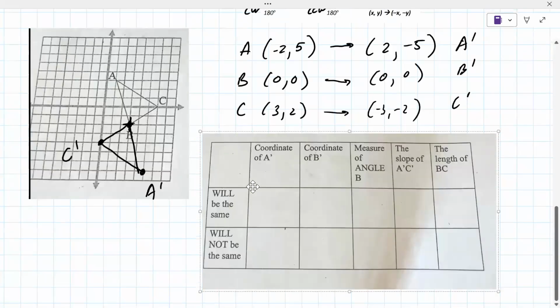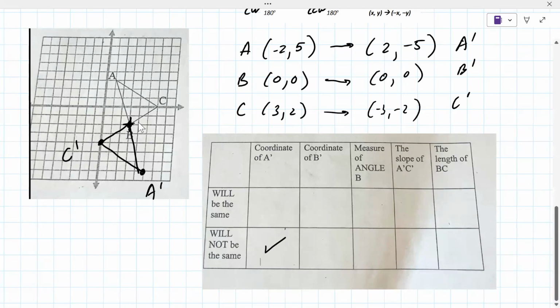Okay, coordinate of A prime. I don't know why it's asking whether it will be the same or will not be the same. Maybe it's like a check box thing. Okay, so it's not the same as A.